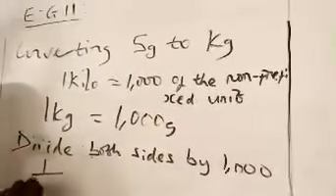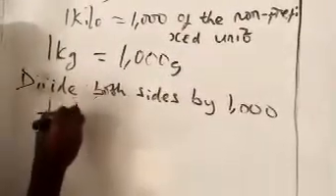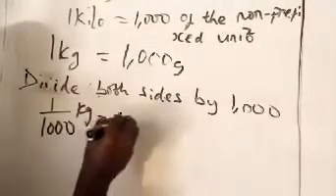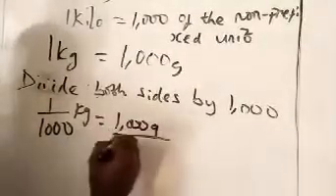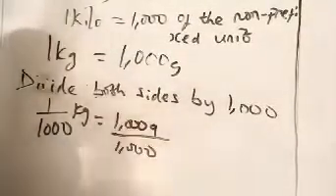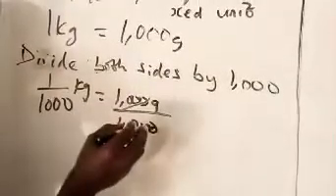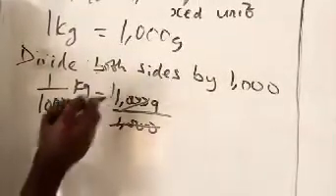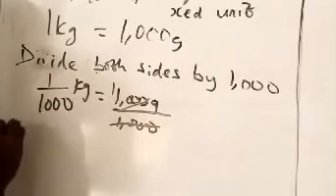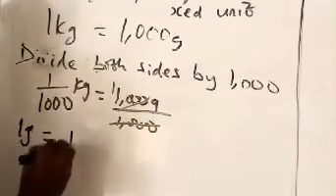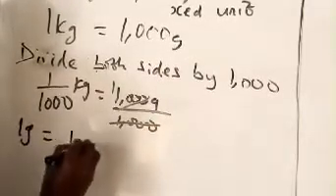So when you do that, 1 over 1,000 kilogram is equal to 1,000 gram all over 1,000. So 1,000 will cancel 1,000, and we are left with 1 gram is equal to 1 over 1,000 kilogram.